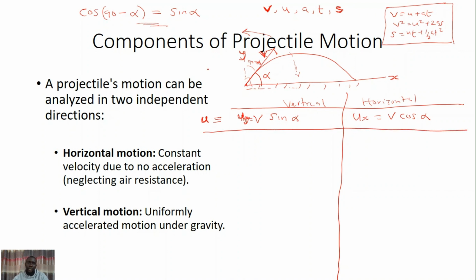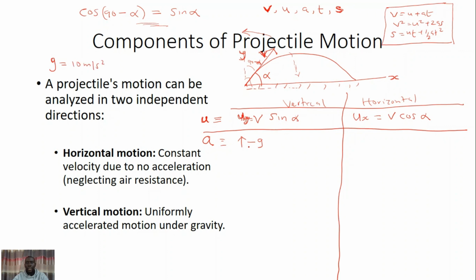Now the next one we'll talk about is the acceleration, which is a. Acceleration along the vertical axis is usually the acceleration due to gravity. When the body is going up, it will be minus g, and we know that g, acceleration due to gravity, is a constant, which is approximately 10 meters per second squared.